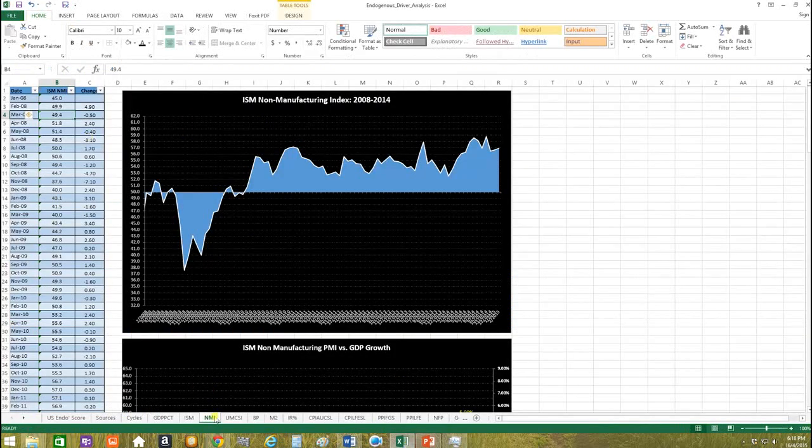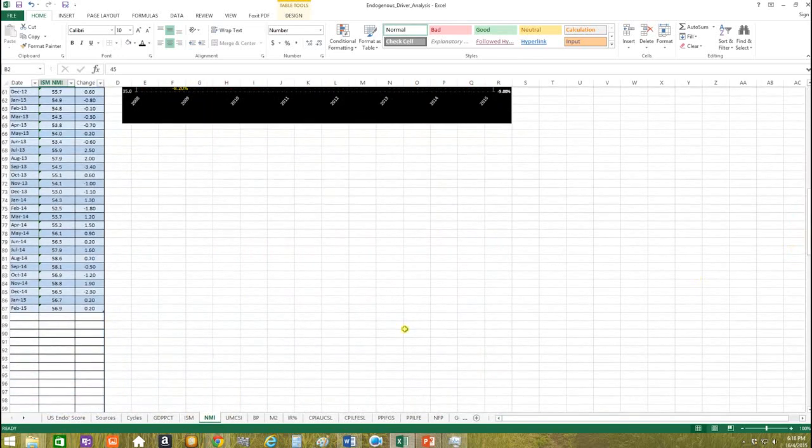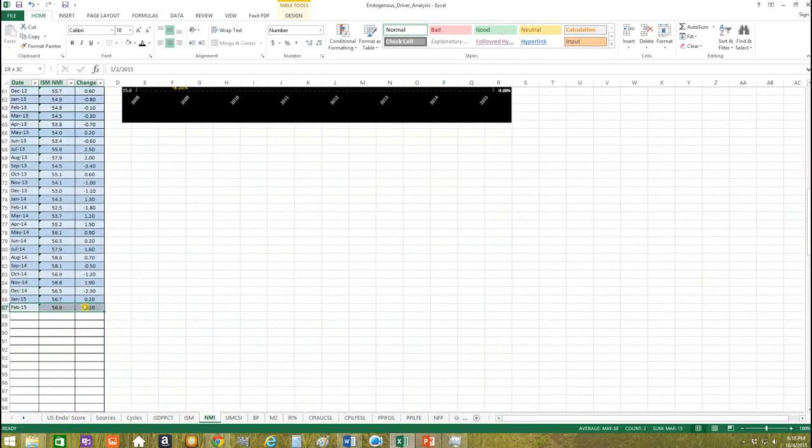We're in the NMI tab here, and you can see we've got our NMI data going back to 2008, and if we scroll down to the bottom, we've got our latest data. So we get February 2015, which is reported in March, and we've got a score of 56.9. So that number is obviously growing. It's above 50, and if we look here, we can see that it's also growing at a slightly faster rate.